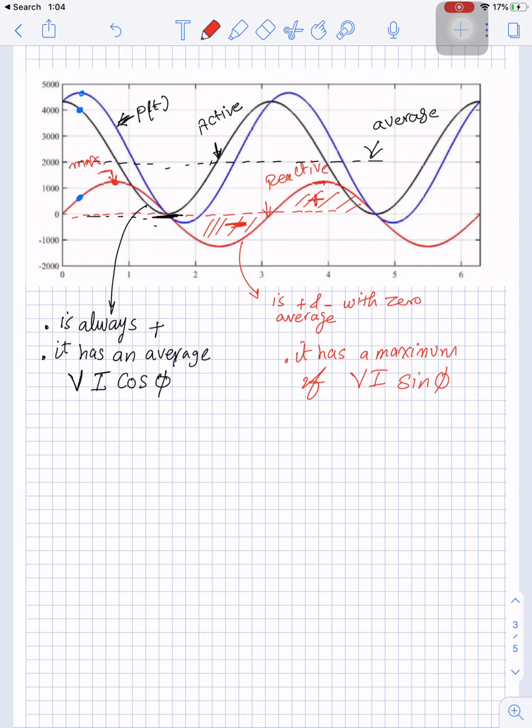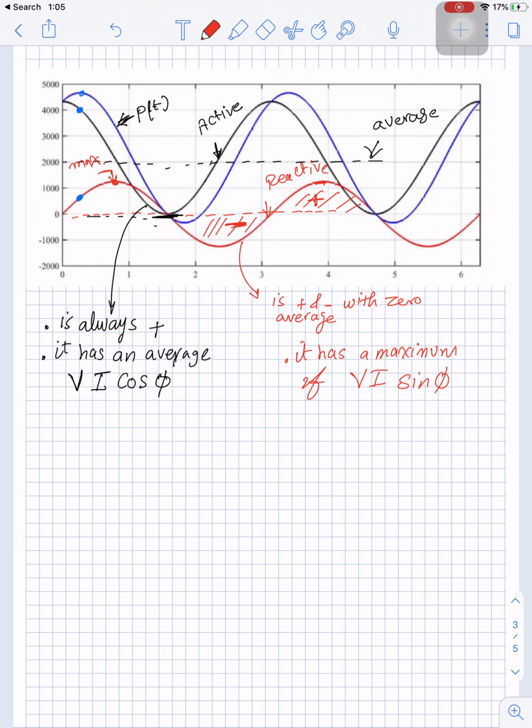So the active component is a waveform which has some characteristics, and the reactive component is a waveform which has some characteristics. If you add the active component to the reactive component, this will give you the exact power in the circuit, or the physical power, or the instantaneous power. The active component is always positive, so it's always consumed, so it is productive.